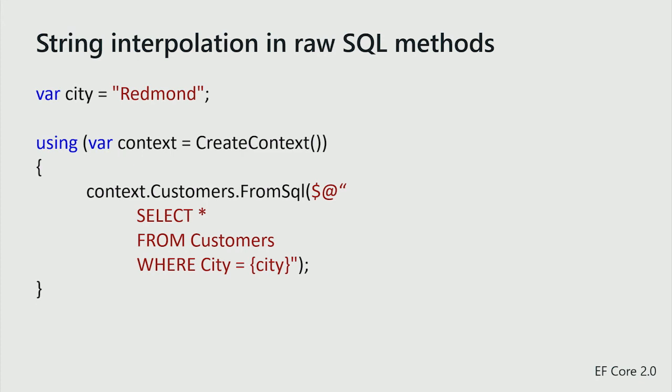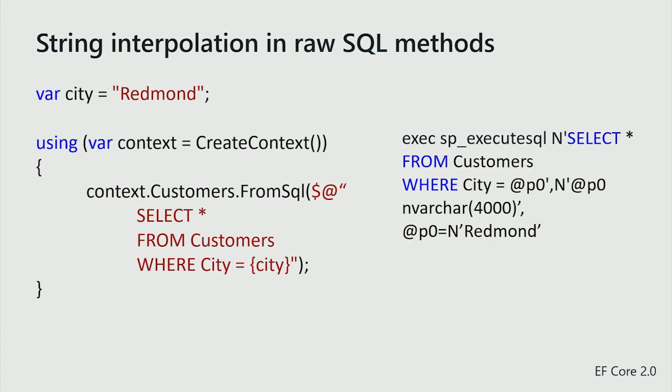What gets sent across the wire is this: it sets up a parameter, creates that parameter, and then sets the parameter before it sends it over across the wire.